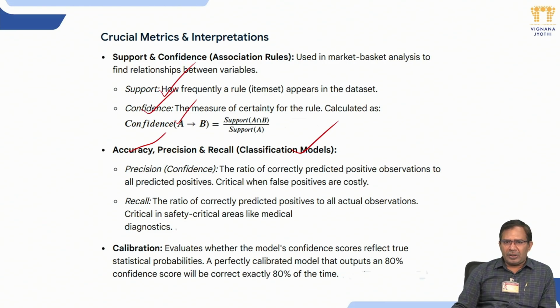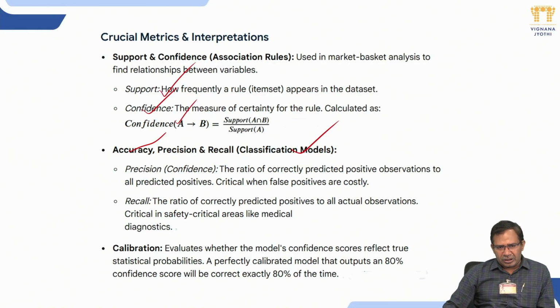Recall is the ratio of correctly predicted positives to all actual observations. In the precision case it is true positives by total positives. In the recall case, the true positives are divided by the true positives and false negatives also.